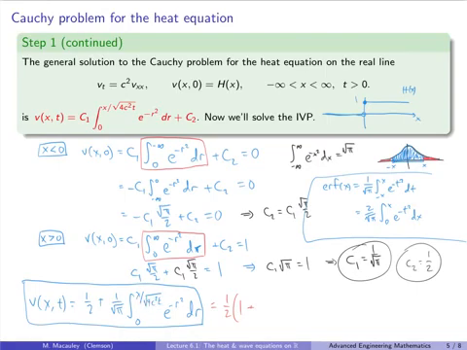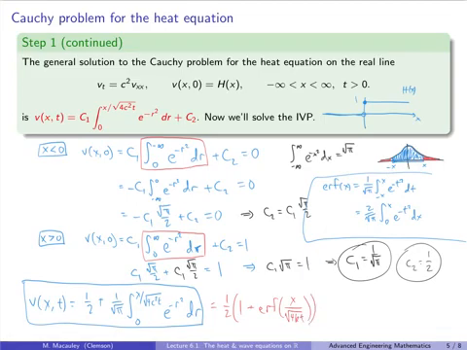So I'm going to write this as the error function of x over root 4 k t.